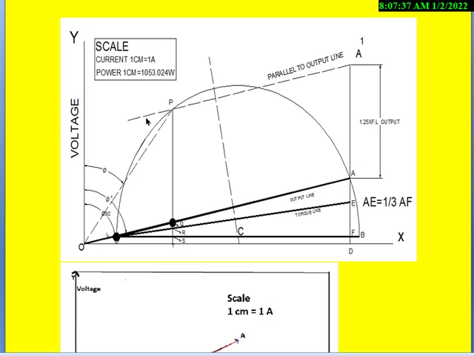OP represents the phase load current at 125% of the full load output. Similarly, PT represents the input power, and PQ represents the output at 125% of the full load output.